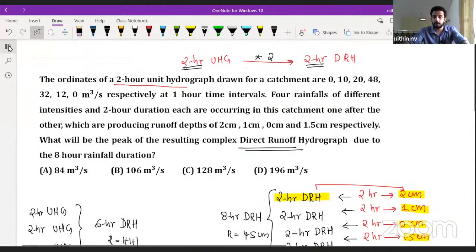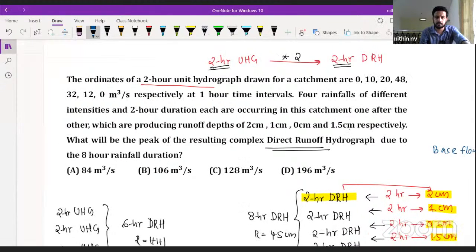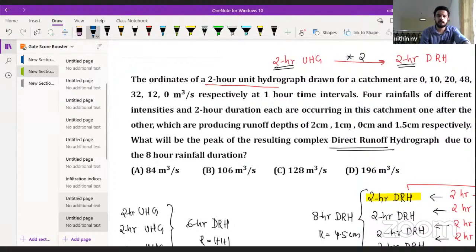Now see, one more thing I can tell you. In case in the question they are giving us that it has a base flow. Generally in such a question they may not be asking, but this question also they can ask, no problem.